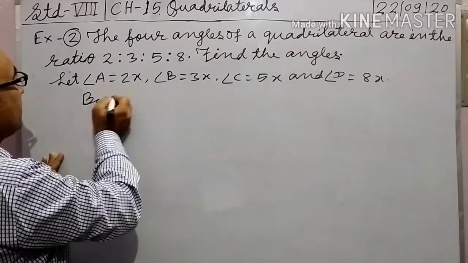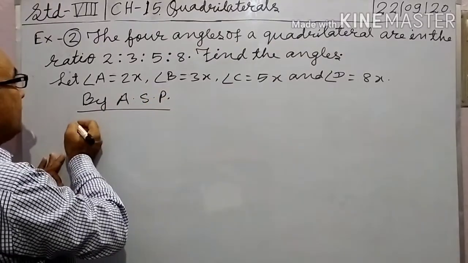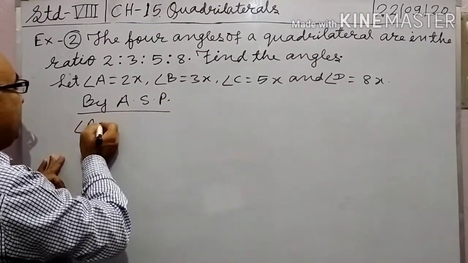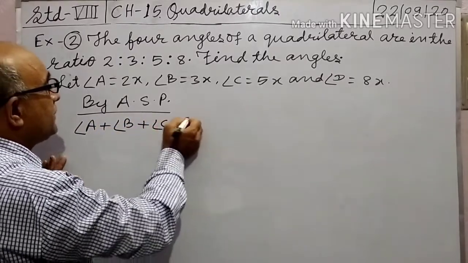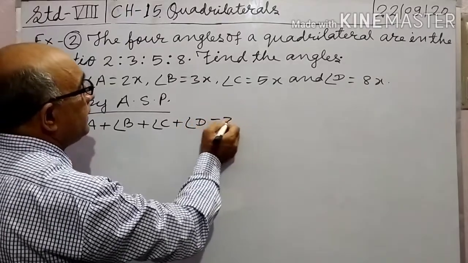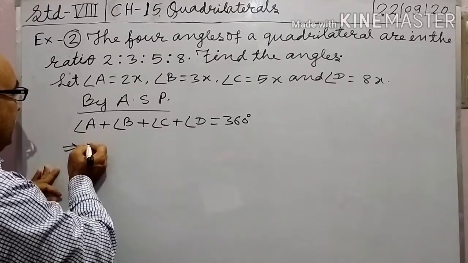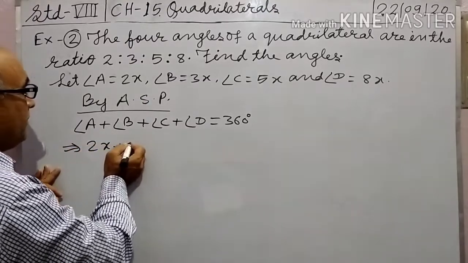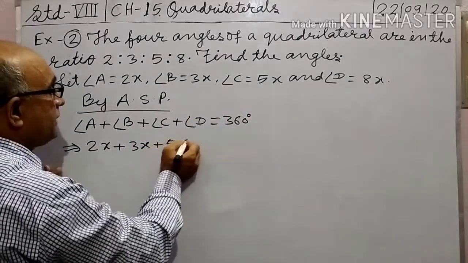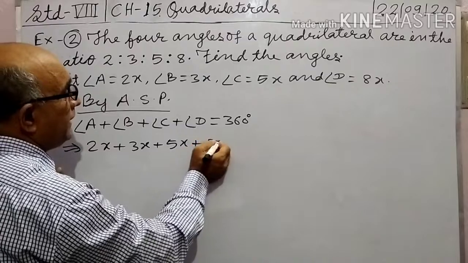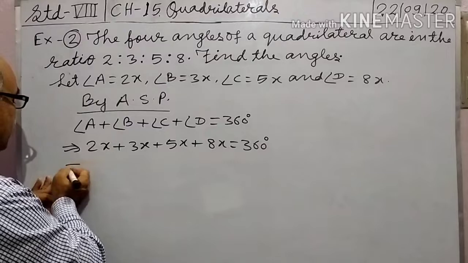By the angle sum property, in a quadrilateral ABCD, angle A plus angle B plus angle C plus angle D equals 360 degrees. That implies 2x plus 3x plus 5x plus 8x equals 360 degrees.